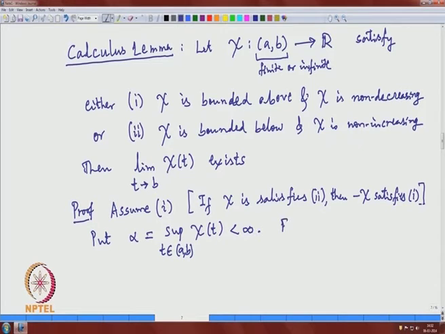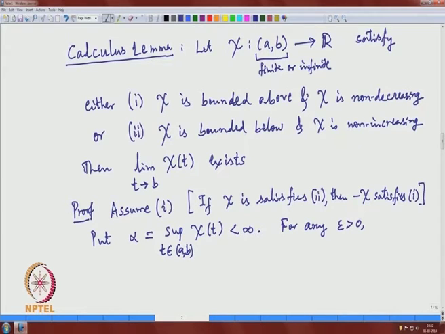So, for any epsilon positive, we are going to show that the limit exists. If you consider alpha minus epsilon, alpha minus epsilon is not the supremum of chi. Therefore, there is at least one point in the interval where alpha minus epsilon is strictly less than chi(t0).